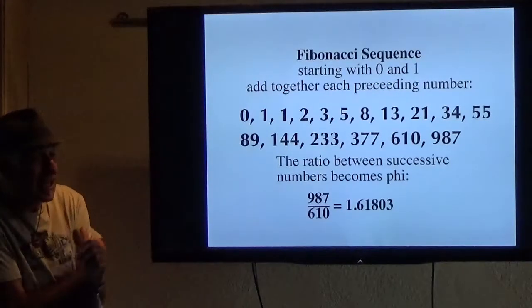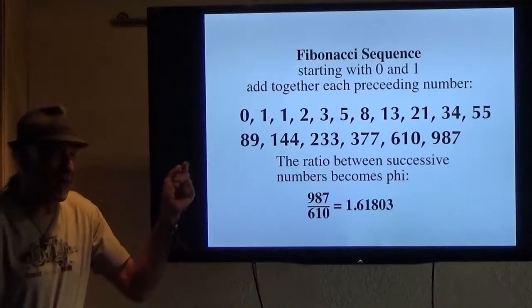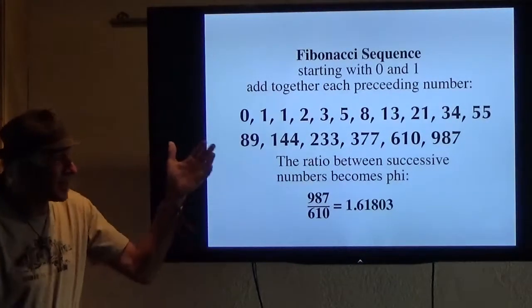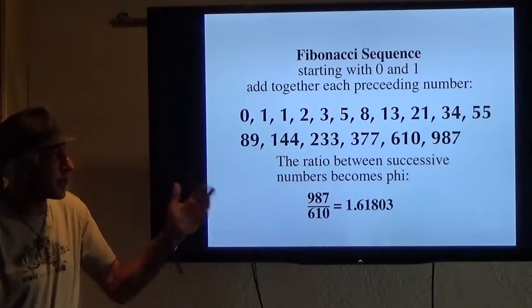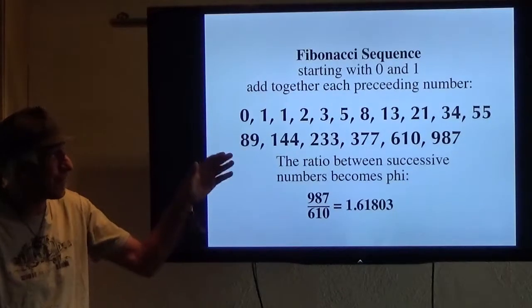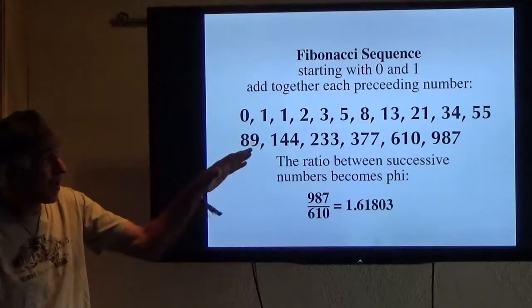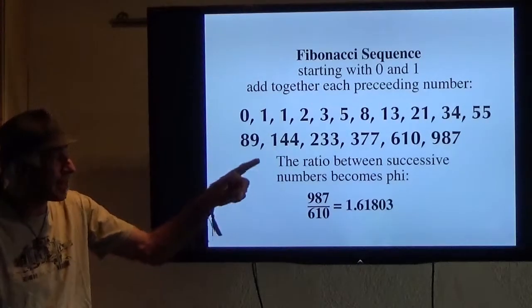Well, Fibonacci discovered this sequence that just by starting with the numbers 0 and 1 and adding them together, it doesn't look like it goes anywhere. 0 plus 1 is 1, 1 plus 1 is 2, 2 plus 1 is 3, pretty boring. But then it starts to get interesting: 3 plus 2, 5, 5 plus 3, 8. And as you go higher and higher, these numbers get closer and closer to being exactly the golden ratio.